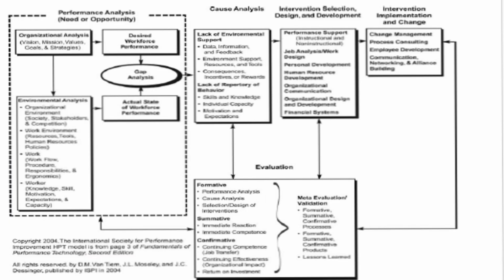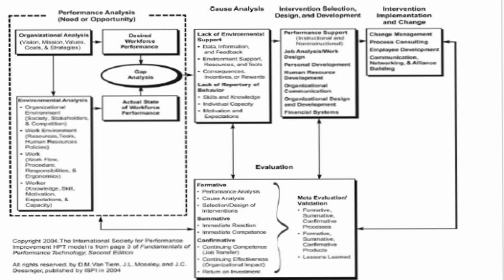Here's an illustration of the HPT model expanded by Pemberton, Hoskins, and Beninti. Each section or step in the model can be expanded, such as analysis, which reviews the organizational analysis, the environmental analysis, the cause analysis, leading to the selection of the interventions.